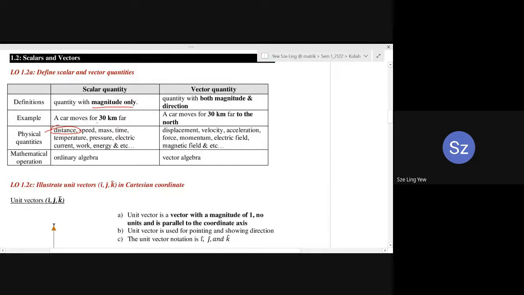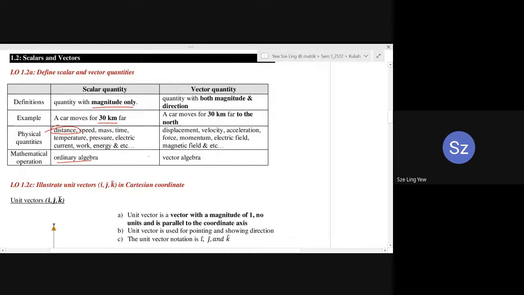The example given here is, say, a car moved for 30 km. It just moved for 30 km and doesn't tell you the direction, so we know that this is a scalar quantity. You can calculate it using ordinary algebra. You can simply do additions, multiplications, subtractions, or divisions without looking at its direction, because it's not important.